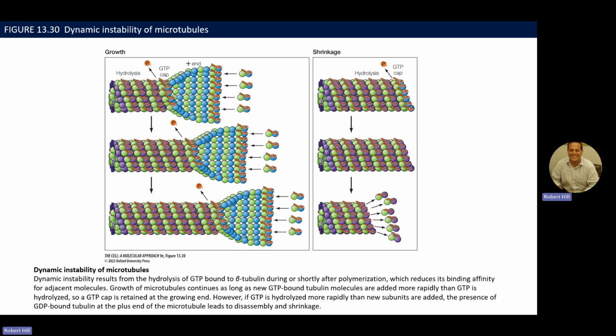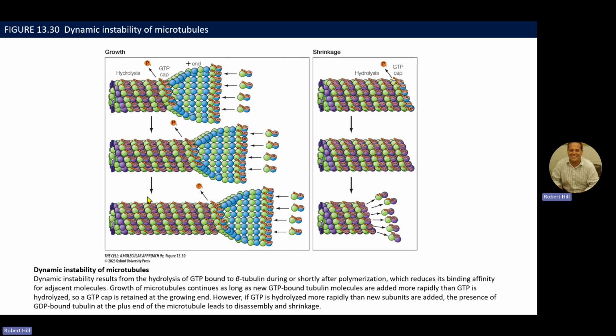Okay, so here you're seeing the process of dynamic instability in detail. On the left, we're looking at the growth, right? And on the right, we're looking at the shrinkage of a microtubule, okay? So here we've got a GTP cap, right? And over here, we're seeing the loss of the GTP cap, okay? And it's that basically which triggers shrinkage.